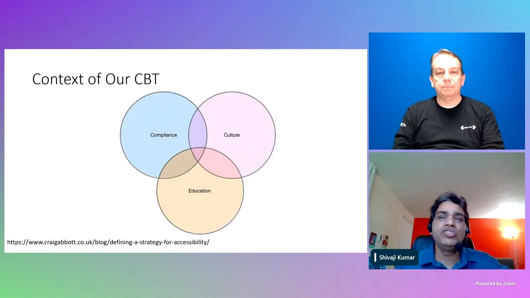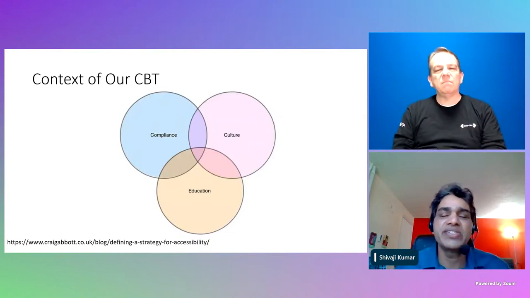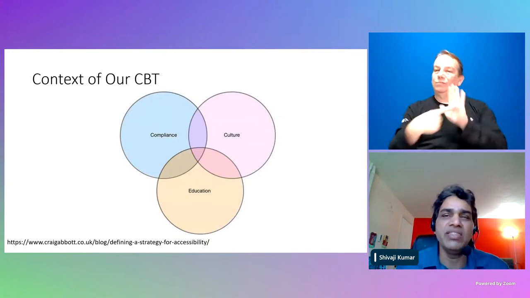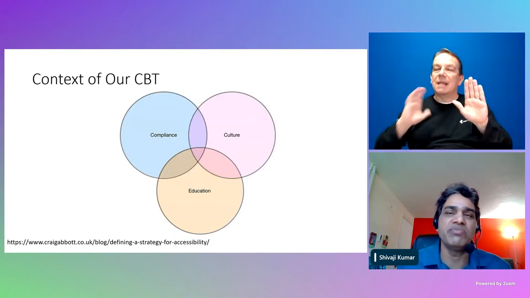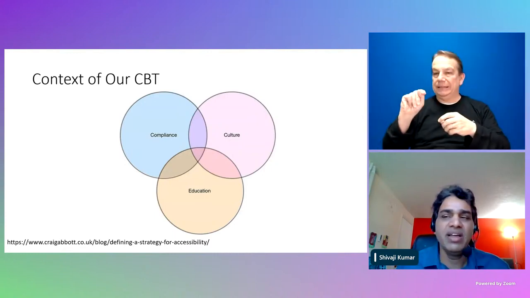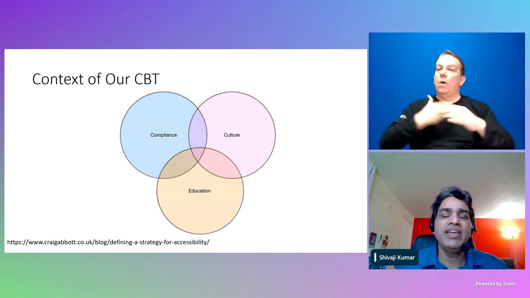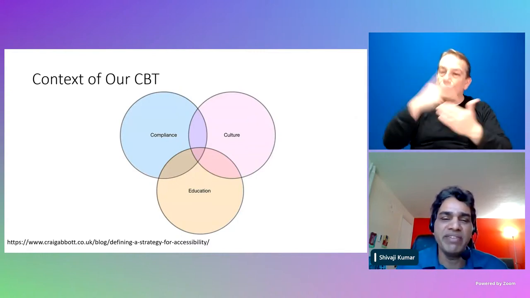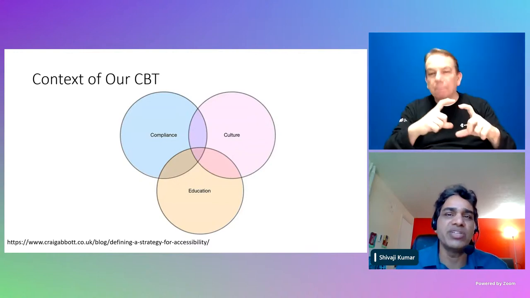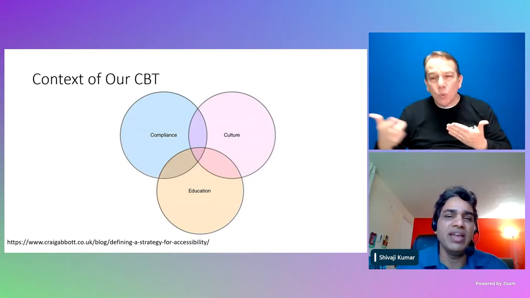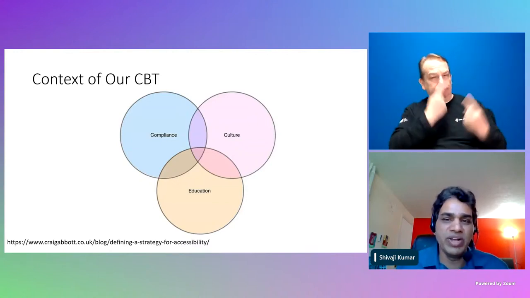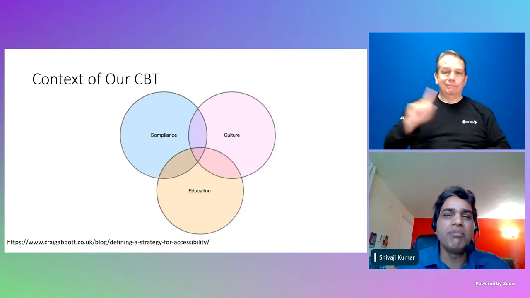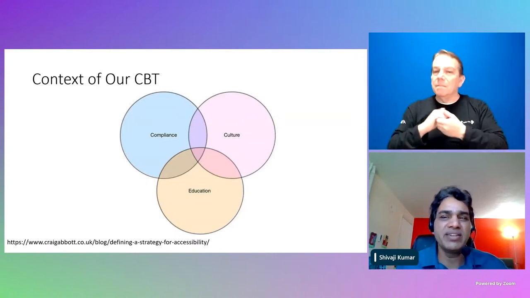So just to situate this entire discussion about CBT in the larger context that we are driving toward, building an accessibility program, and an effective one, takes a lot of resources, a lot of thinking, and a lot of partnership. So compliance is one component of that.